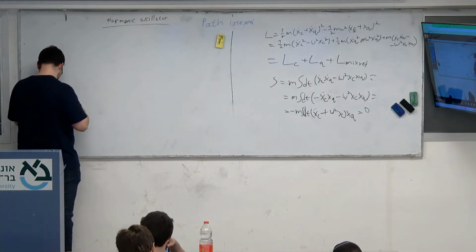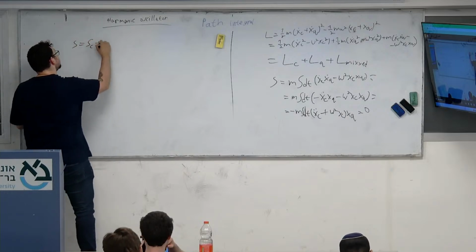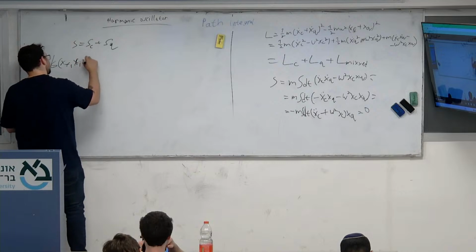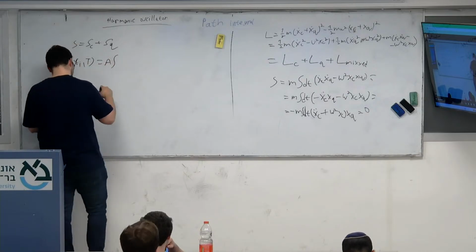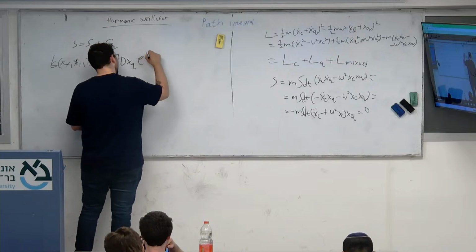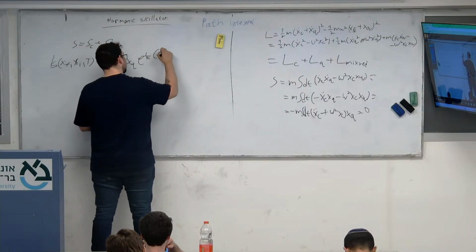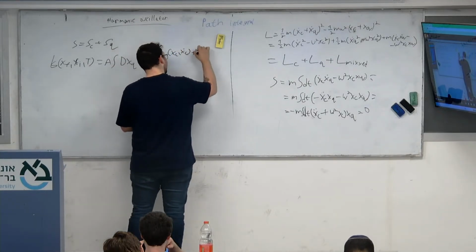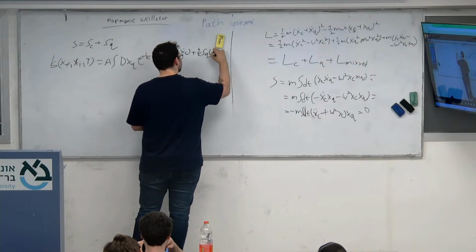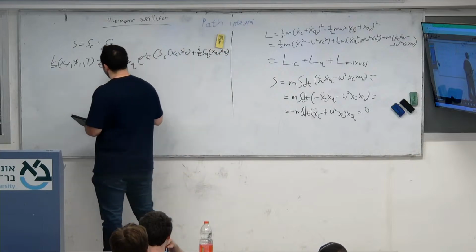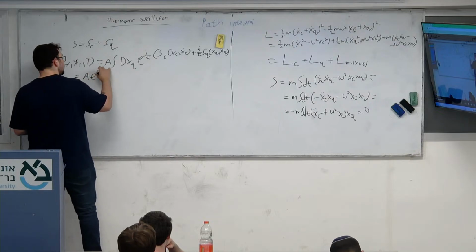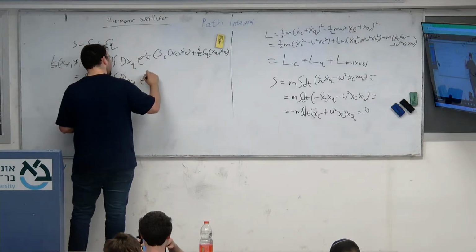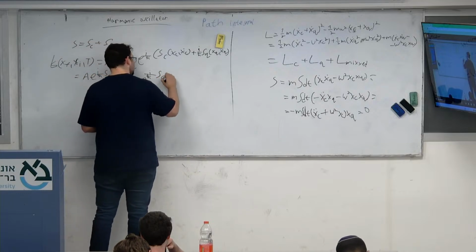Now we're only left with S equals S classical plus S quantum, and now K of xf, tf; xi, ti equals the integral of e to the i over h bar (S classical plus S quantum), which should be equal to e to the i over h bar S classical times the integral of capital D xq e to the i over h bar S quantum.